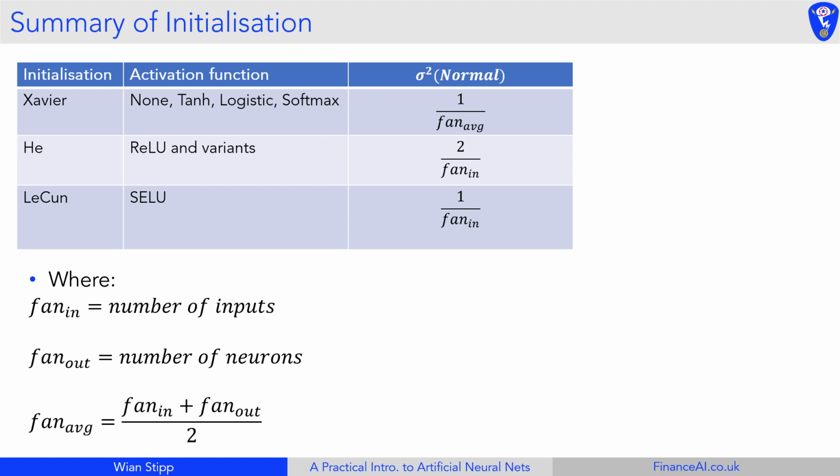And LeCun, you use with the SELU, which is even more useful, and you'll see why soon. But the variance for the normal case is equal to these terms on the right hand side of the table, and you can look at what they mean here below.